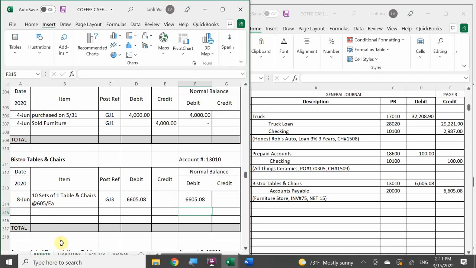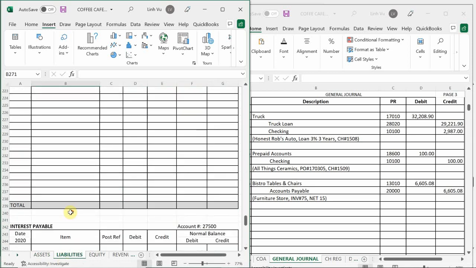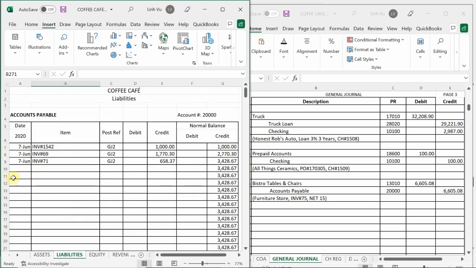All right, and because we placed it on an account, we're going to plug it into our liabilities. So in this case, right, I have invoice number 75, which was on General Journal 3, for the total of $6,605.08, which increased my liabilities from $3,420 to $10,033.75.